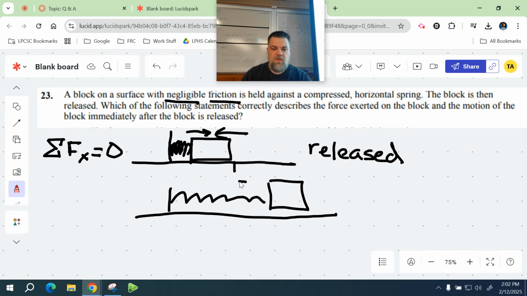Well, it's going to decrease, right? Or wait, let me rephrase that. Let me back up. This one will actually increase because it's pushing away, right? It's trying to restore itself. What about this one? This will decrease because the net force is going in the positive x direction.